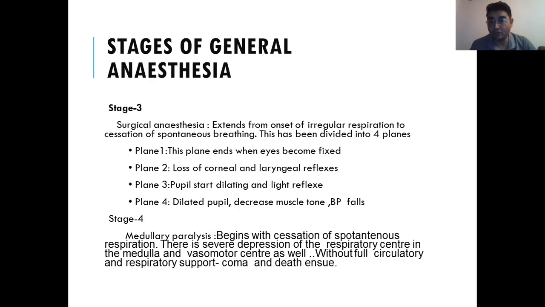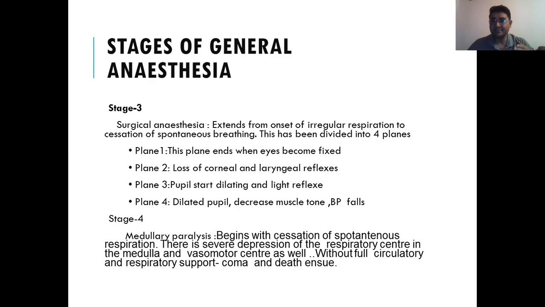So it is very important that the patient should have supportive measures for artificial respiration, like intubation and applying an endotracheal tube. The planes of this stage are plane 1, plane 2, plane 3, and plane 4.